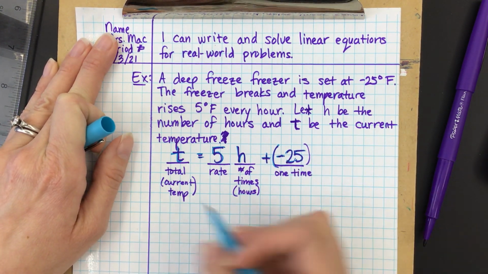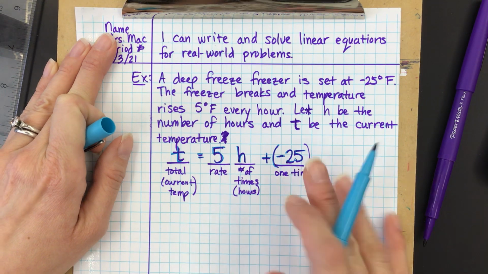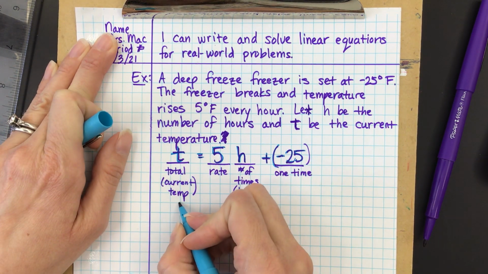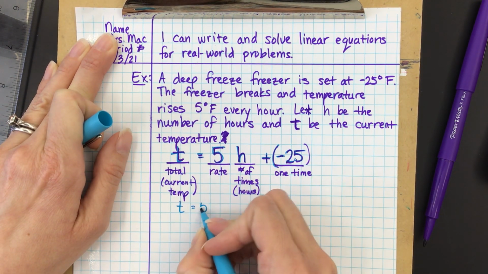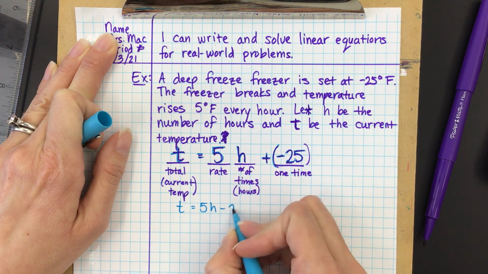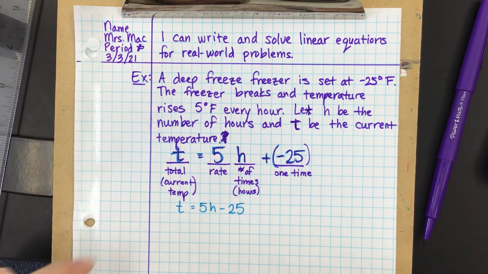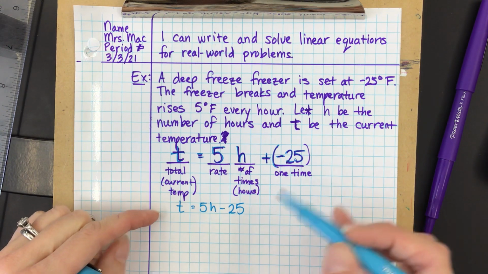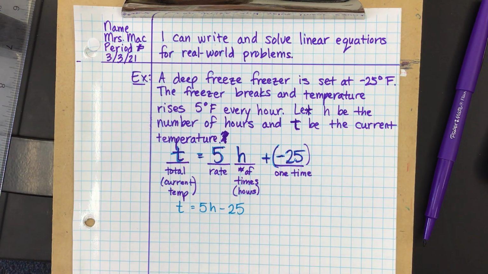And then I'm going to rewrite this equation without all of this framework there. This is T is equal to 5H minus 25. So this is the linear equation that represents this problem.